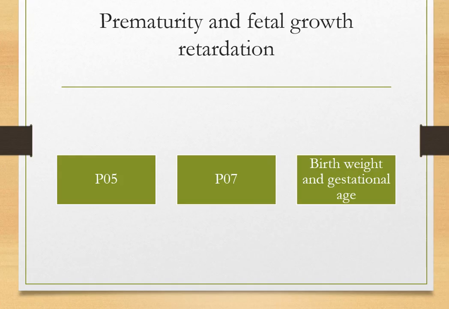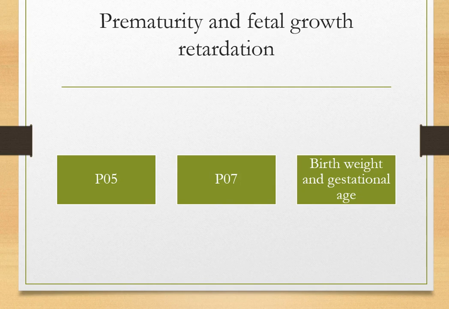All right, next up, prematurity and fetal growth retardation. So one thing you want to know is that providers utilize different criteria in determining prematurity. A code for prematurity should not be assigned unless it is documented by the provider.